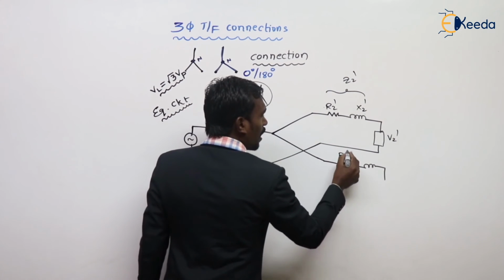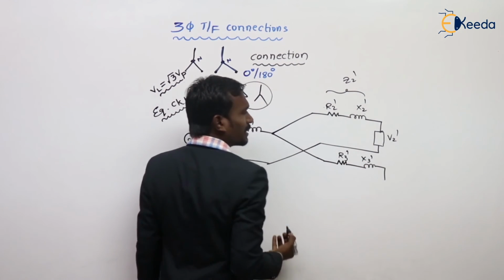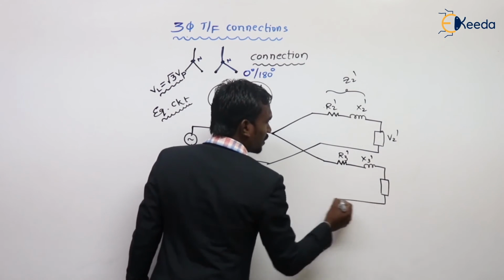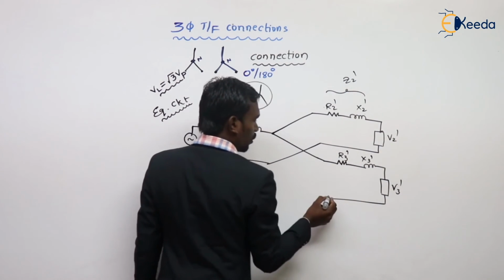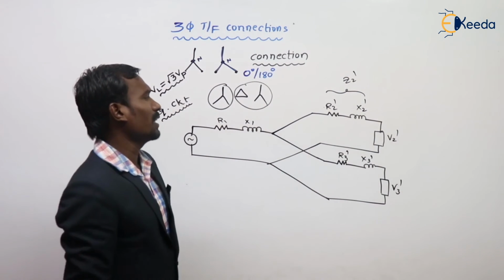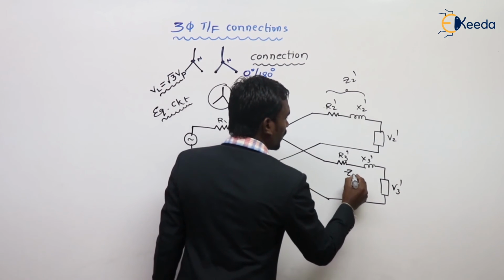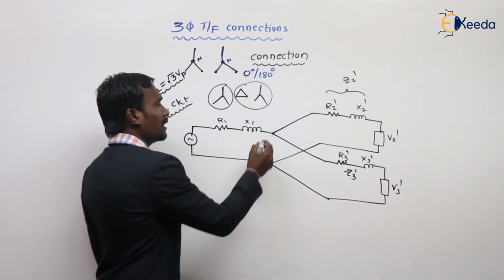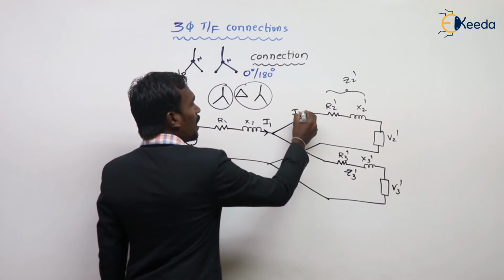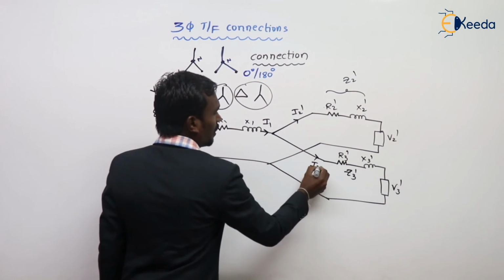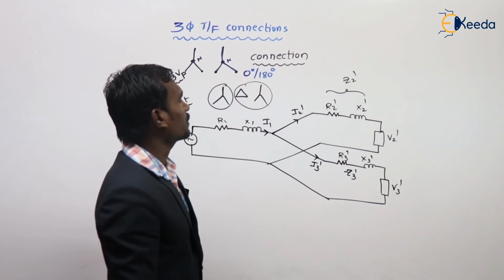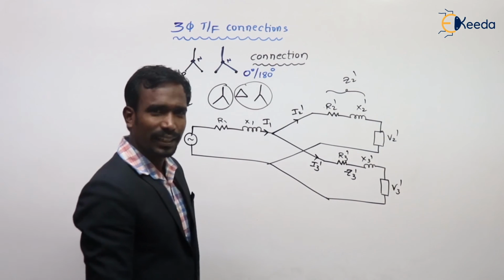This is R3 dash and X3 dash, and this is the load voltage V3 dash. This is I2 dash and this is I3 dash. This is the equivalent circuit of my tertiary winding.